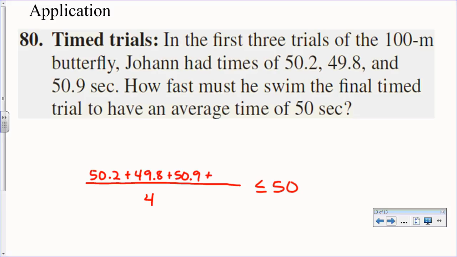And then I don't know the last one. So what should I put there? X, some variable. So X, if I'm describing what my variable is, X is the 4th trial.